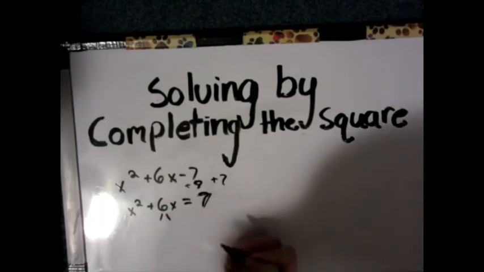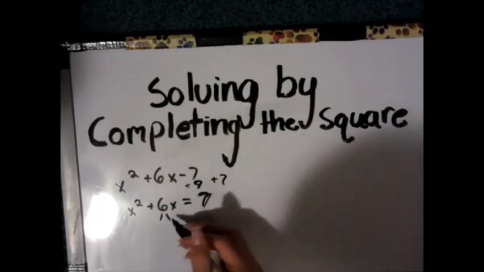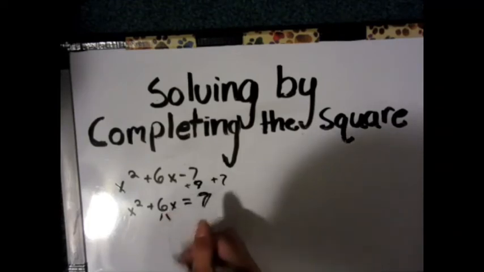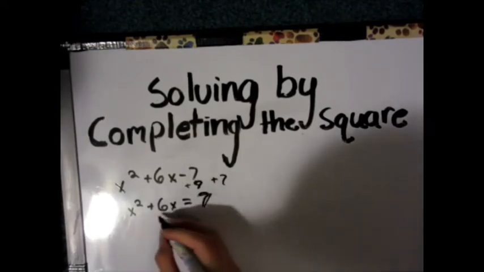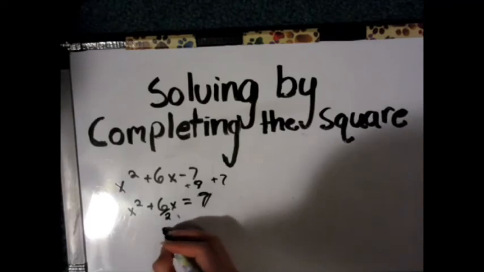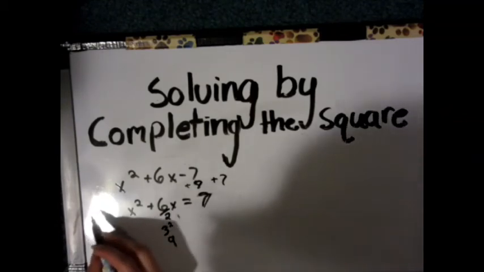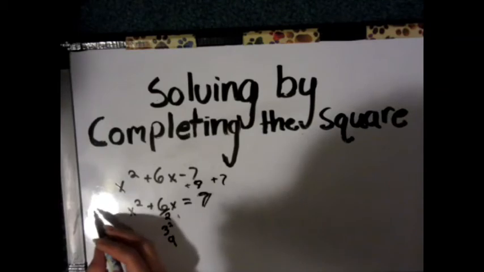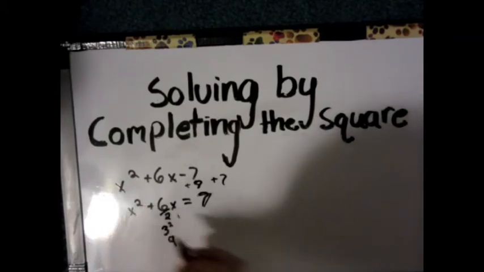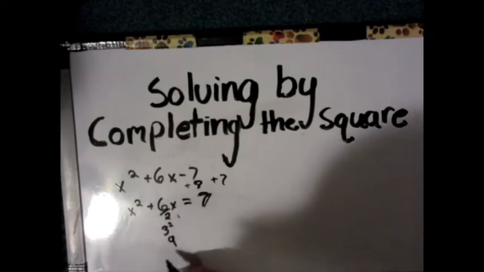And then you are going to want to divide that middle number by 2, and you get 3. Then you square that, and you will get 9. And again, b divided by 2 squared. That's what you're trying to do here.